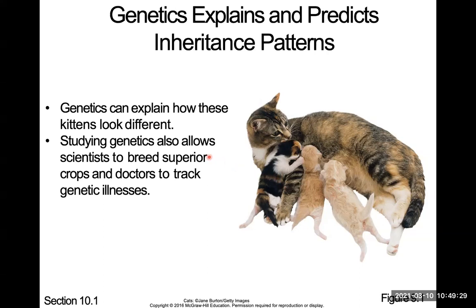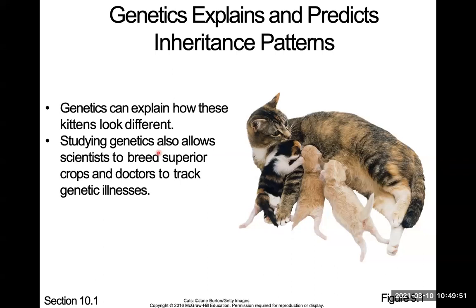So genetics, they started studying it before they knew that DNA is a double helix. Studying genetics shows how they can select for some genes in crops. They can also, when they're breeding dogs and cats, sometimes select for the genes.